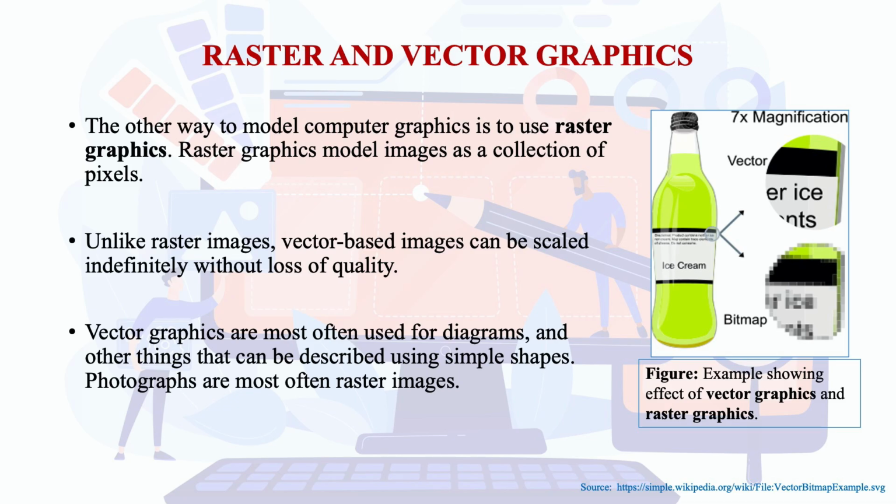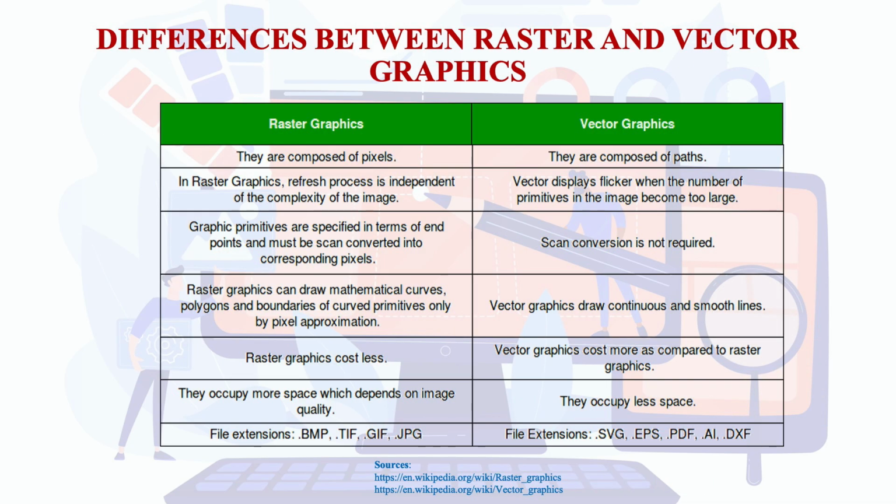Now let's see the major differences between raster and vector graphics. Raster graphics are composed of pixels, whereas vector graphics are composed of paths. Raster graphics refresh process is independent of the complexity of the image, whereas vector displays flicker when the number of primitives in the image becomes too large.